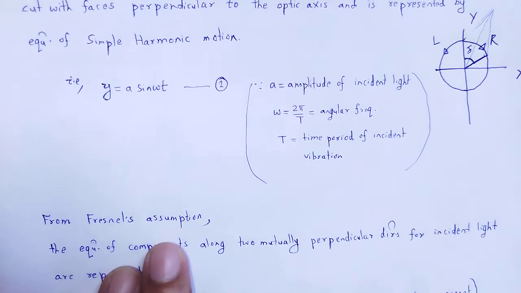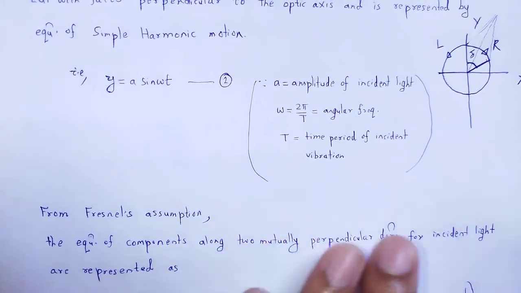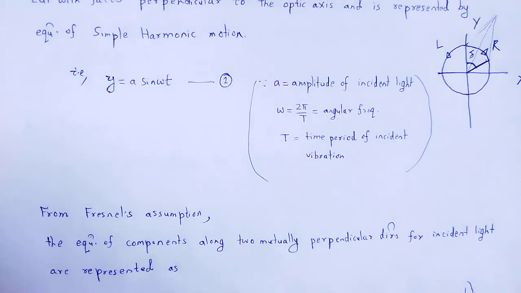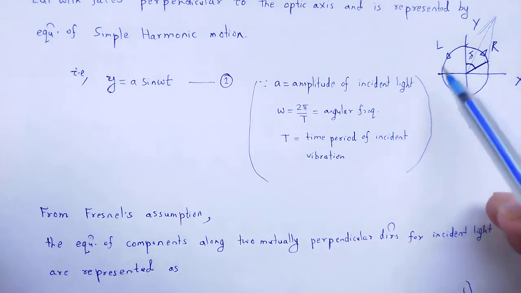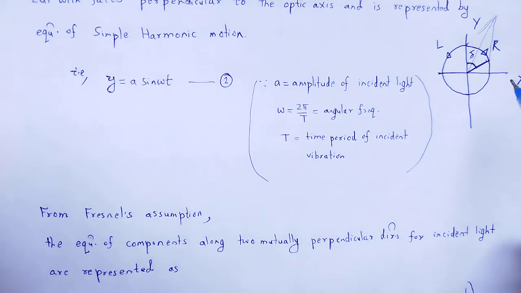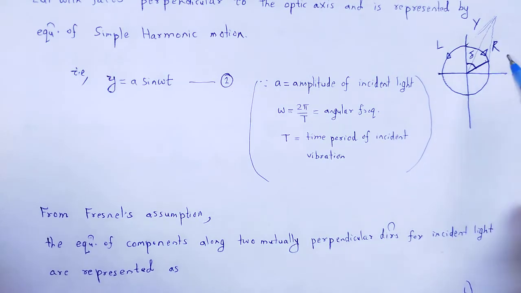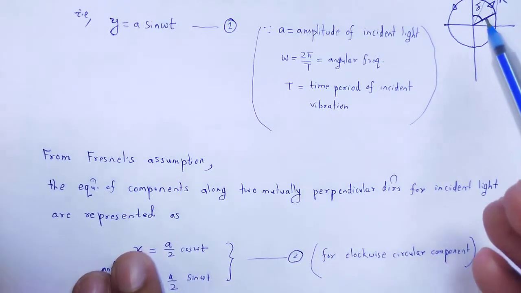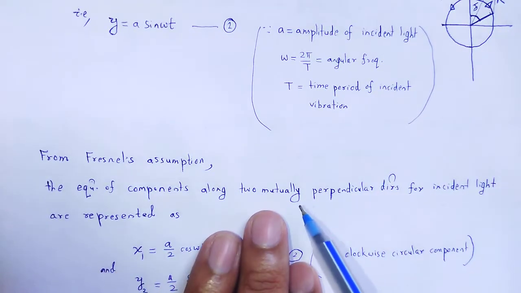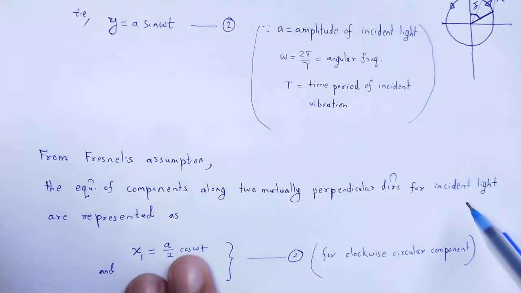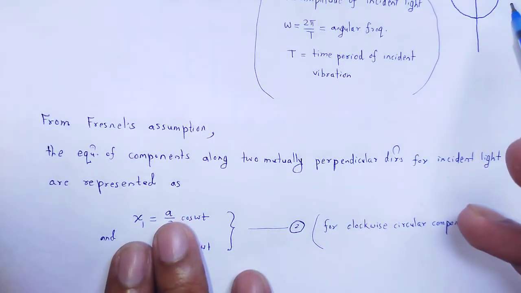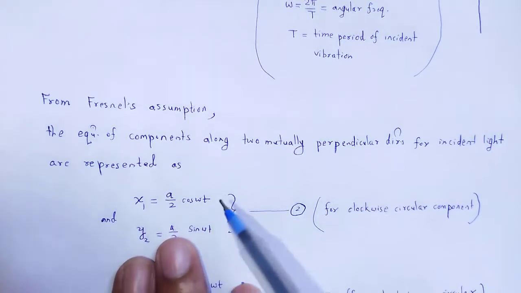According to Fresnel's assumption, what was Fresnel's assumption? Any linearly polarized light is resolved into two equal and opposite circularly polarized components when that light enters the quartz crystal. So, the equations of such components along two mutually perpendicular directions for incident light can easily be given.